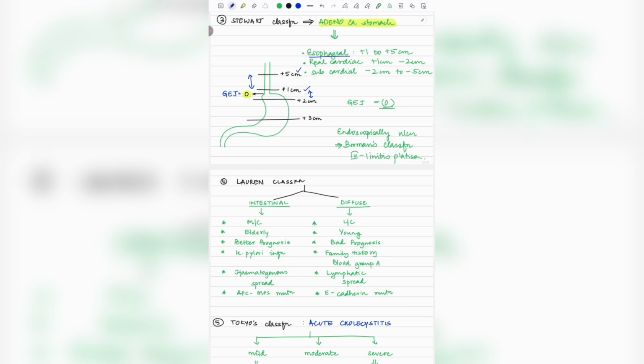-2. Sorry, I have written +2 here. It is -2. Okay, then next is the subcardial. In the subcardial, it is from -2 to -5. So friends, sorry for the interruption.